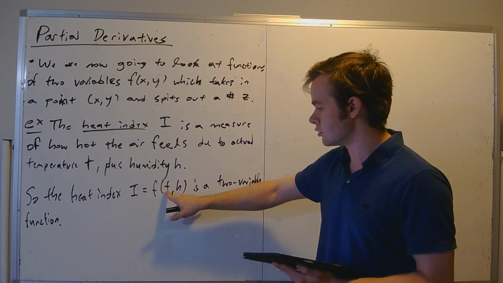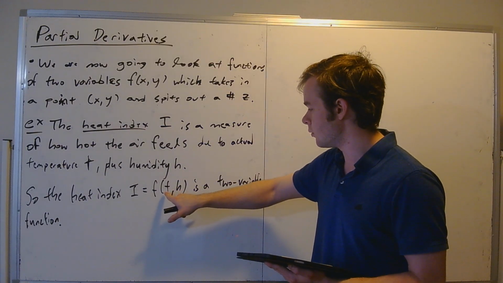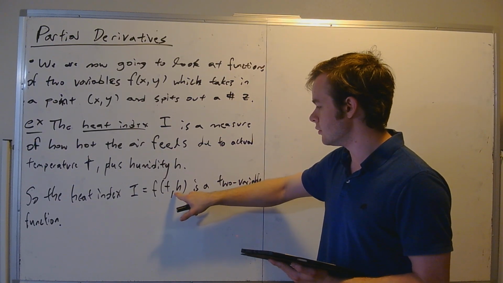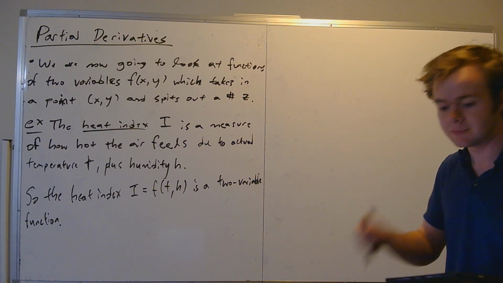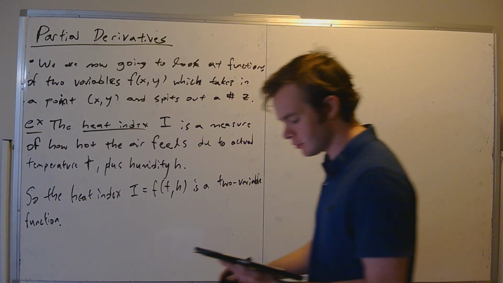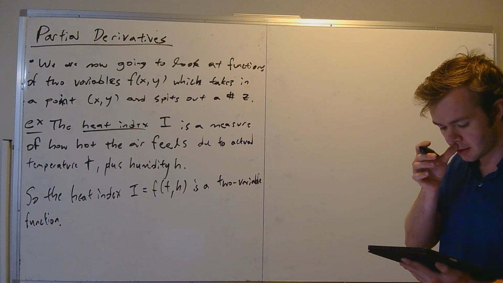If we fix T to be a constant, then what is the rate of change of the function with regard to H, disregarding T? That's what we're looking to answer, and we'll answer questions like that using partial derivatives.